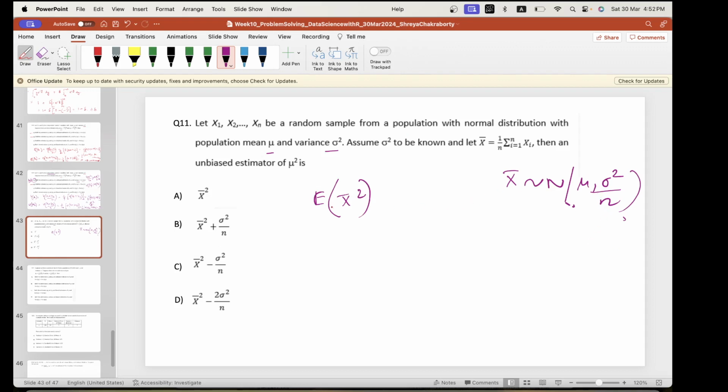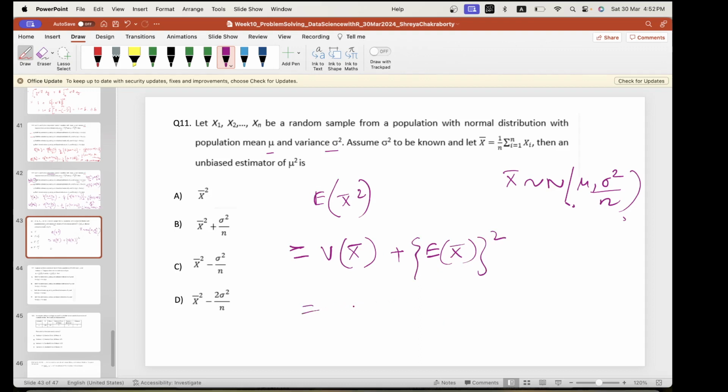Now expectation of x bar square, we can write this as variance of x bar plus expectation of x bar whole square. Okay.